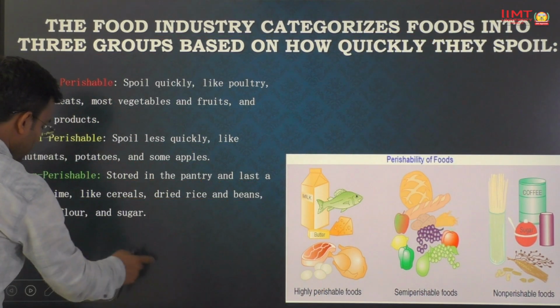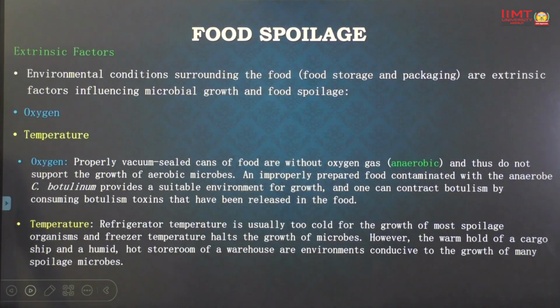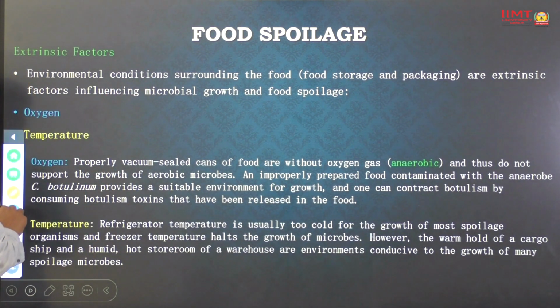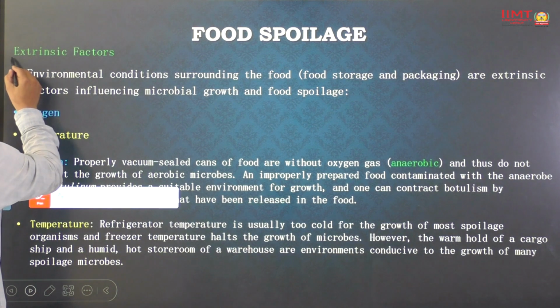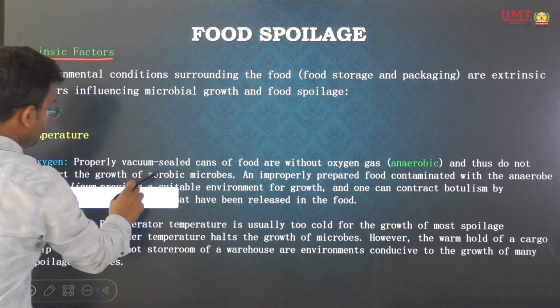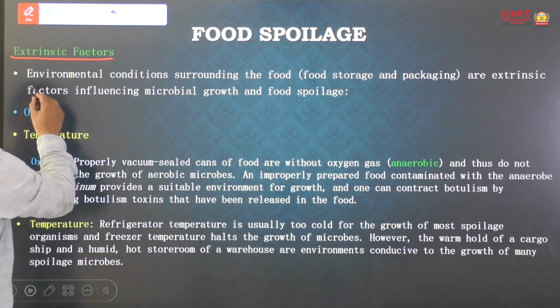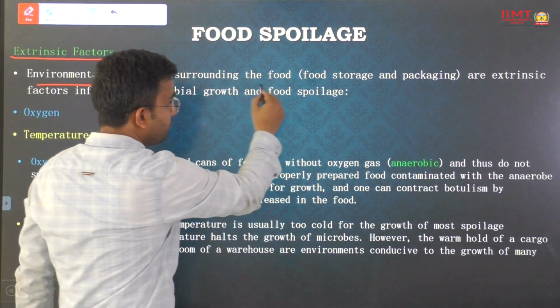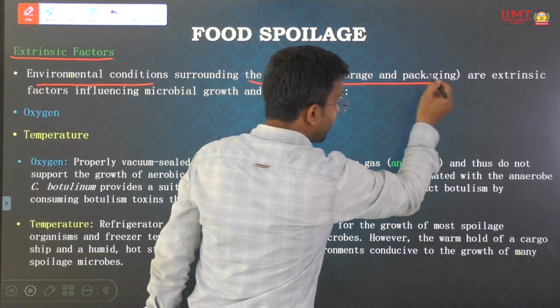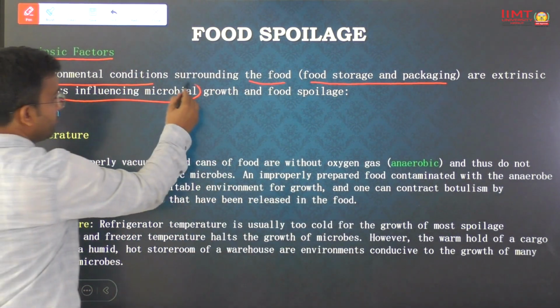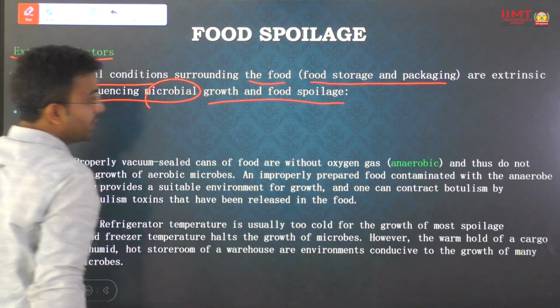So now we go to the next point. The second point is extrinsic factors. We have to know about the environmental conditions surrounding the food. Food storage and packaging are extrinsic factors influencing microbial growth and food spoilage.